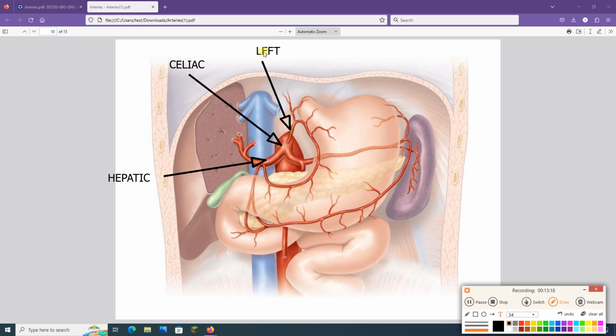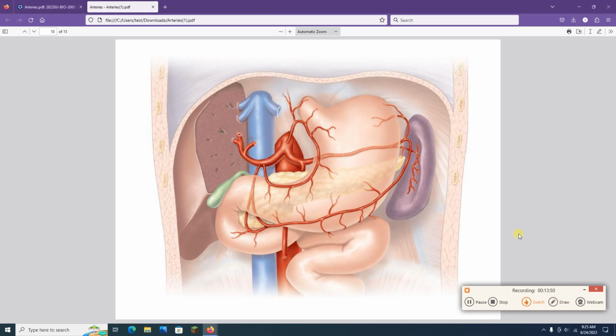So there is my left gastric artery. And the branches also include my personal favorite, the splenic artery. So those are the 3 branches of my celiac artery. All right, let's get rid of all that.